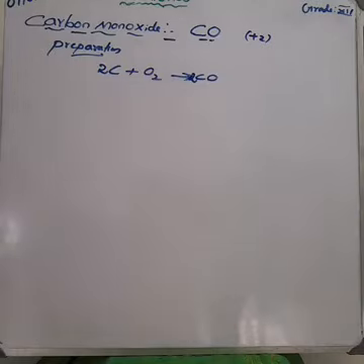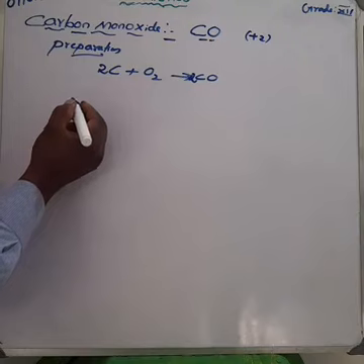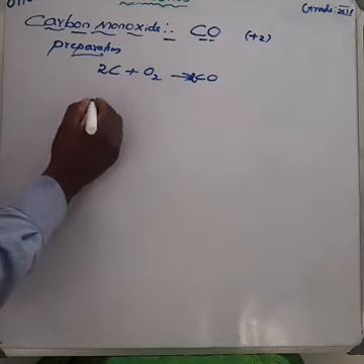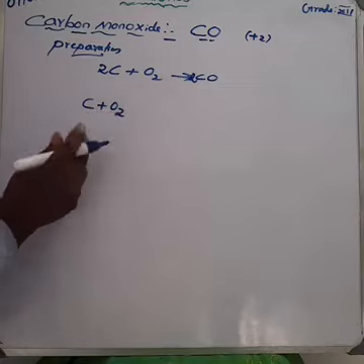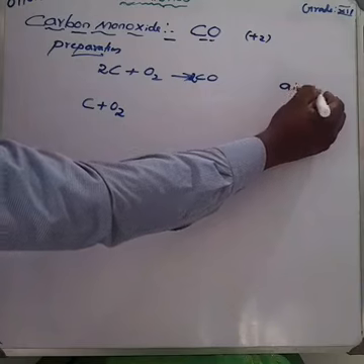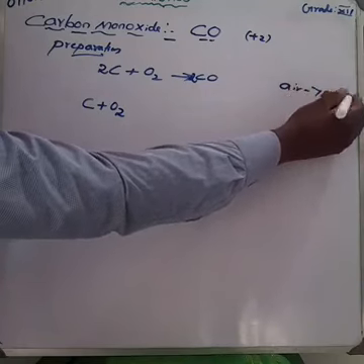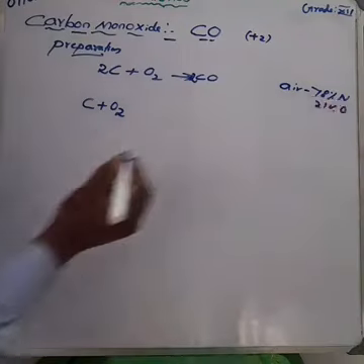For the industrial preparation of carbon monoxide, carbon reacts with air, and we get carbon monoxide. But what is the composition of air? The air has 78% of nitrogen and 21% of oxygen, the remaining being inert gases, other gases and water vapor, etc. Right?